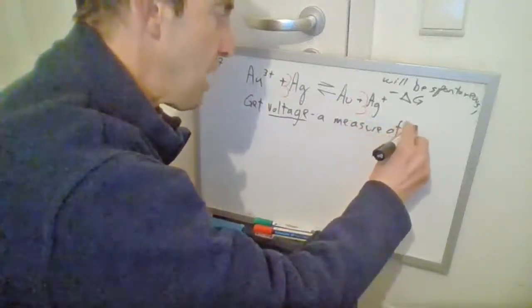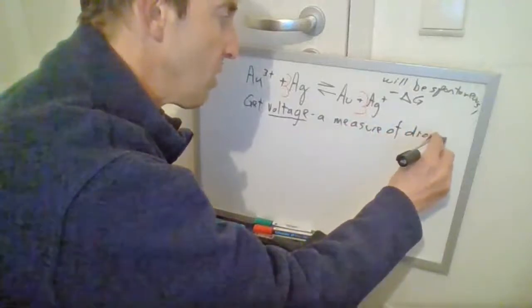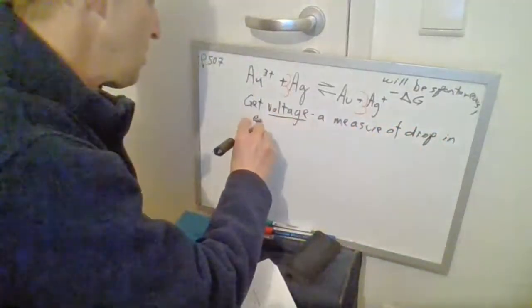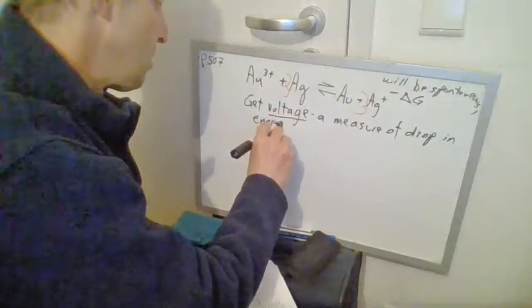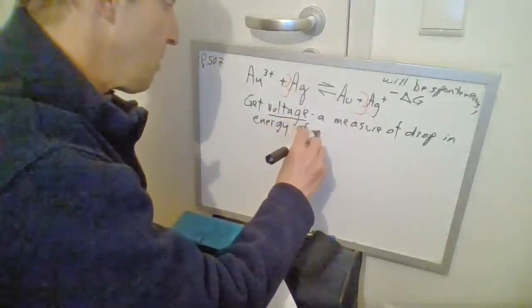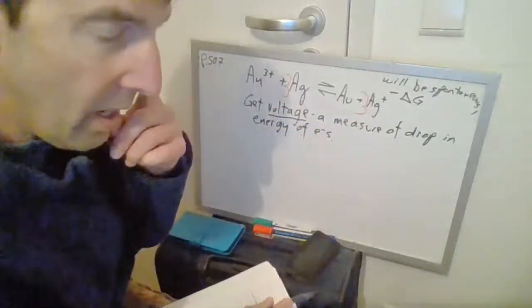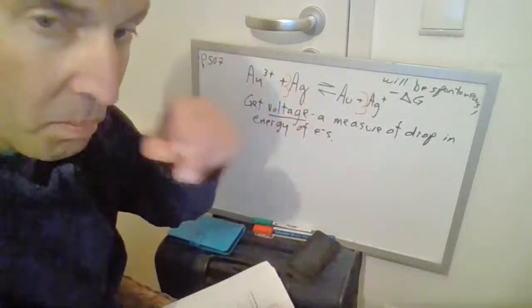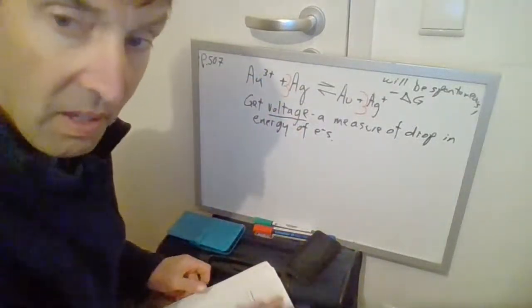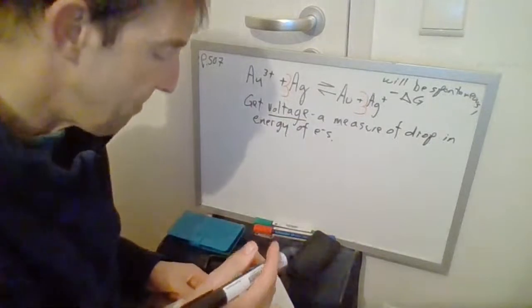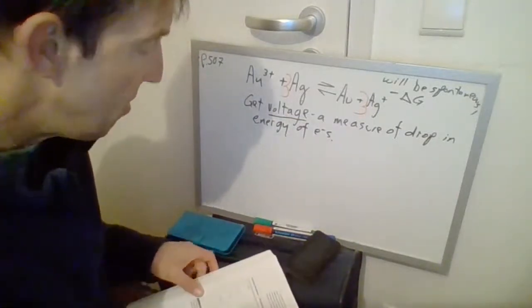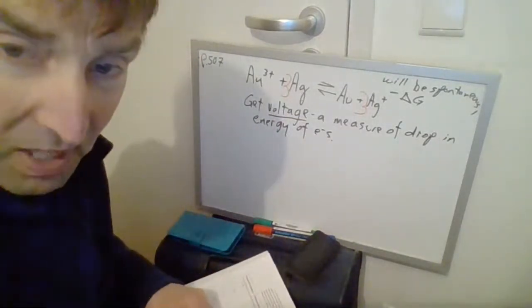A measure of the drop in energy of electrons. So they start out at a high potential energy and they go to a low potential energy if it's spontaneous. Okay? Well, we need some data.